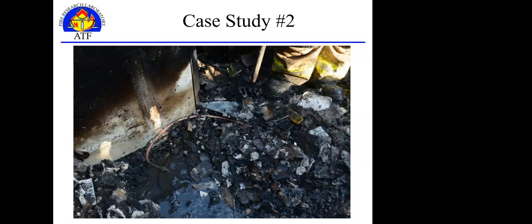And as is usually the case with many explosions, they come down to abandoned lines that are left uncapped. This family formerly had a gas dryer, had switched to an electric dryer, and this copper line used to be for the gas dryer, and nobody ever capped it.